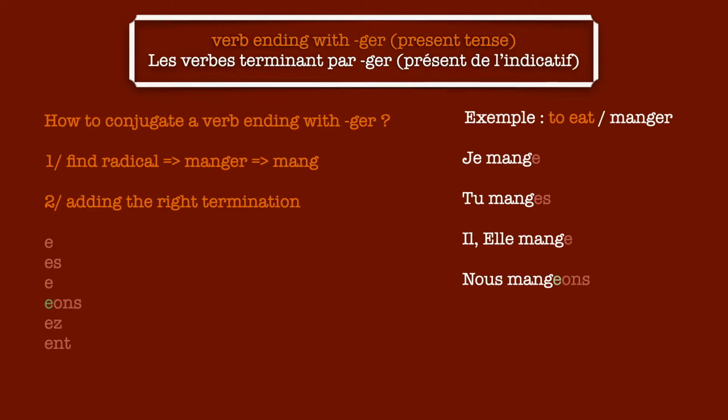With the e that I wrote in green, and that makes the difference. By the way, if it was written without the e letter, we would say Nous mangons. But the correct pronunciation sounds better. Nous mangeons. Vous mangez. Ils mangent. So that's all you need to know about the verb ending with er.